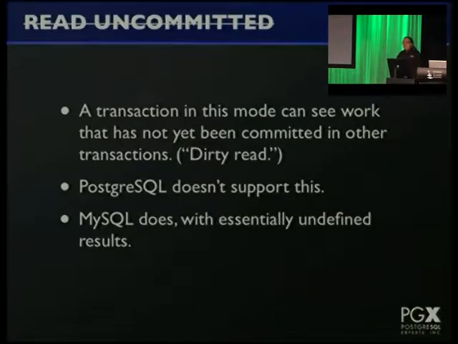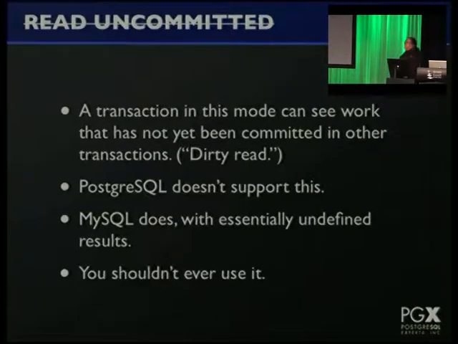You kind of see stuff that was done, but you aren't actually guaranteed that you see all the work other people have done, just some of it. So needless to say, you shouldn't ever use this. I do get requests sometimes from clients saying, well, how can I make this work? And the answer is, build your application in a better way, thank you. Sometimes put more nicely than that.